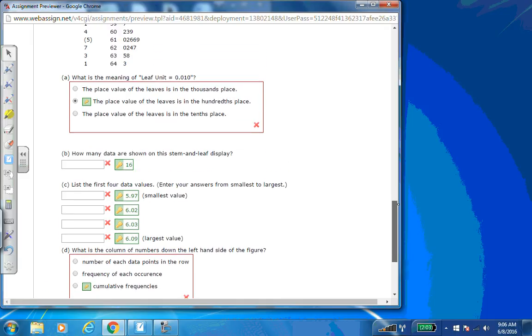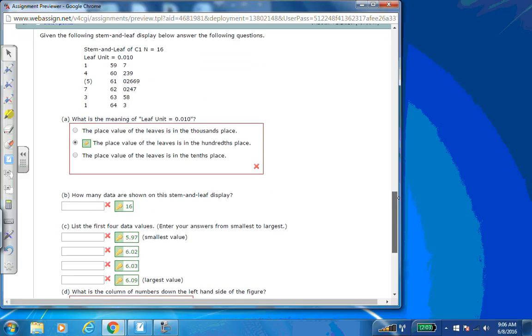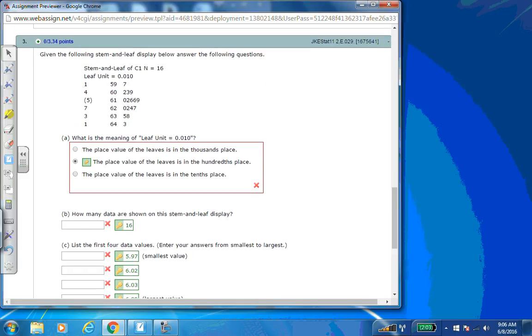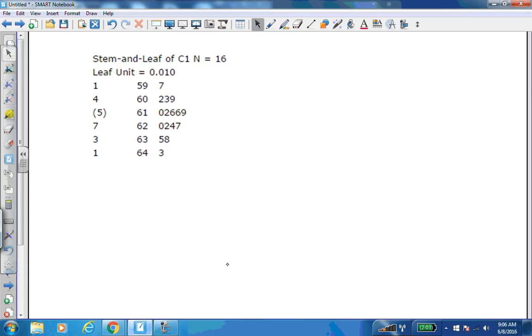Then it asks, what are the column of numbers down the left-hand side here? Kind of odd the way they have this laid out. So at this point, in this row we have 1 data value.